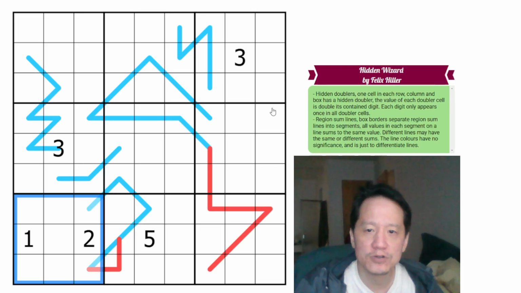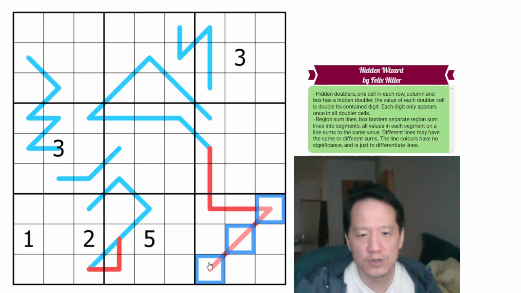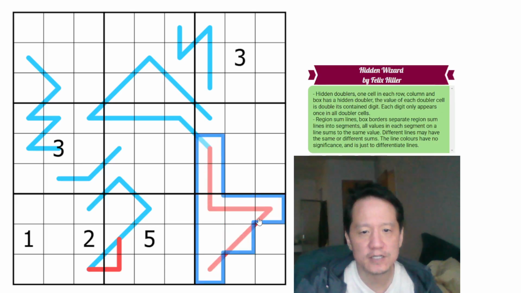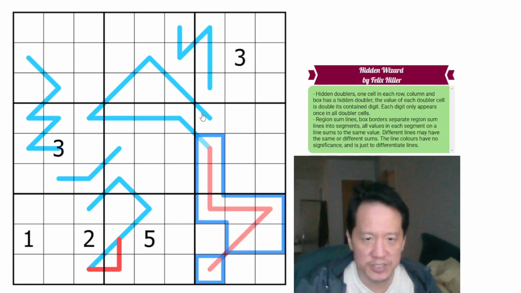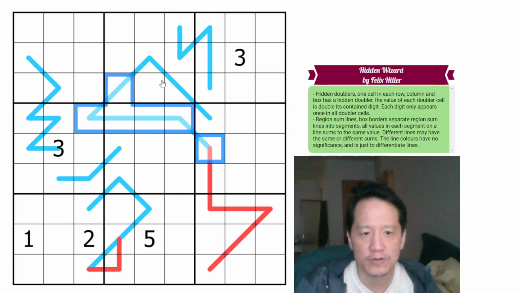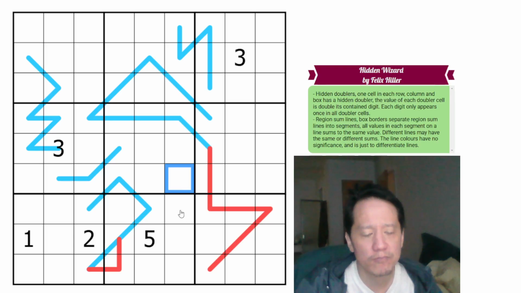The line colors have no significance and are just to differentiate lines. Okay, so these are also region sum lines. The point, though, is that this is a separate line from this. That's the reason why they're different colors. Okay, good to know.